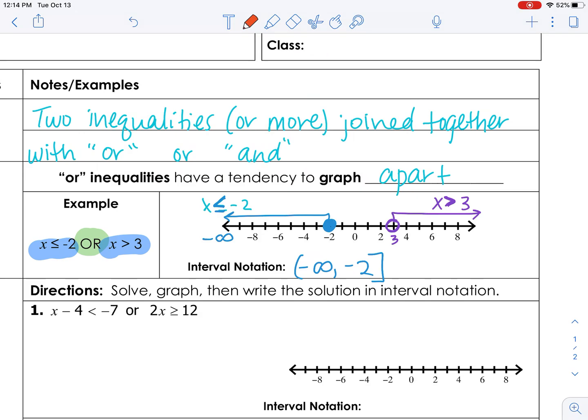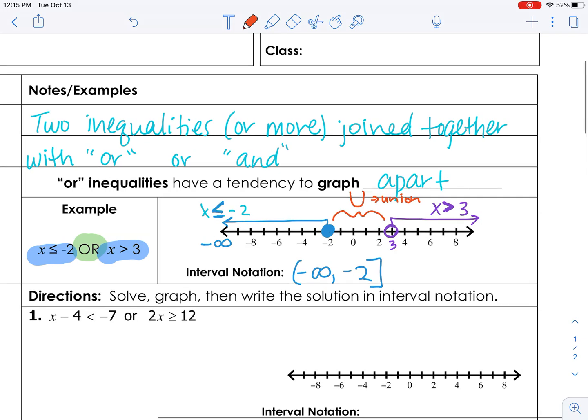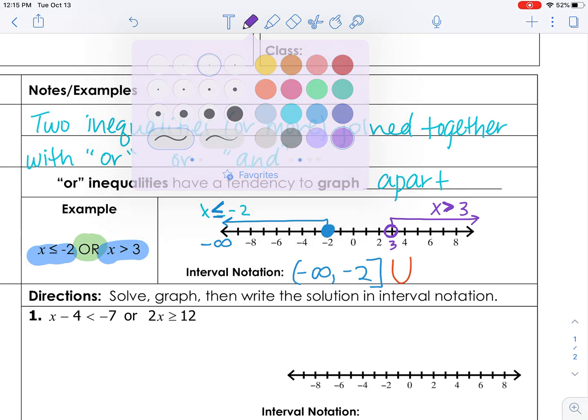Now we need to know how to write the gap in our interval notation. The way that we make up this gap in interval notation is we use this symbol. It looks like an uppercase U. This U stands for union. So I need a U to make the gap in my graph stand out in the interval notation.